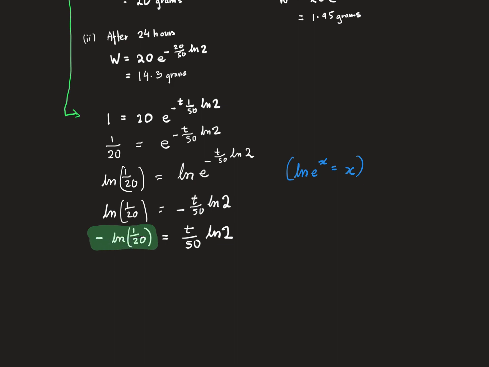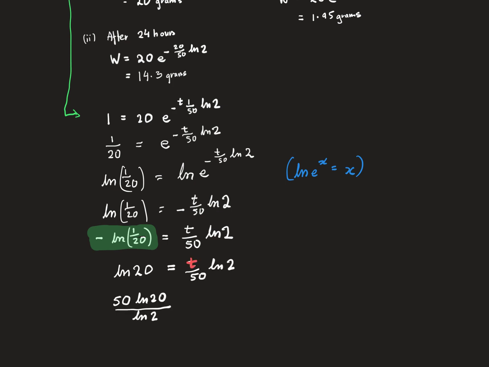This can be rearranged to be ln20, just like we did before. So we've got t over 50 ln2. And as I want to find the time, I'm going to rearrange this 50 and ln2 to go on the other side, and we have t equals 50 ln20 over ln2.